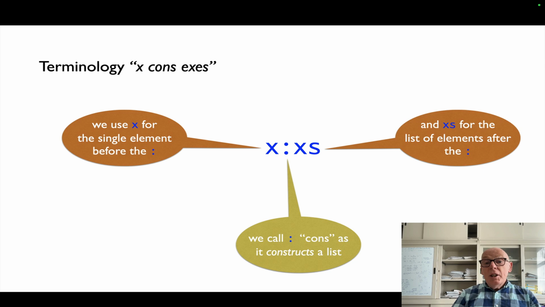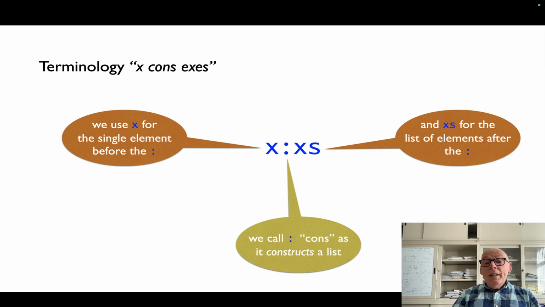And let me just say a tiny bit about terminology before we move on. We use the word cons for the colon because it constructs a list. So we'll say x cons xs. And we use a single x because we know there's a single element that comes before the cons. And we say xs afterwards because that's a collection, that's a list of things.